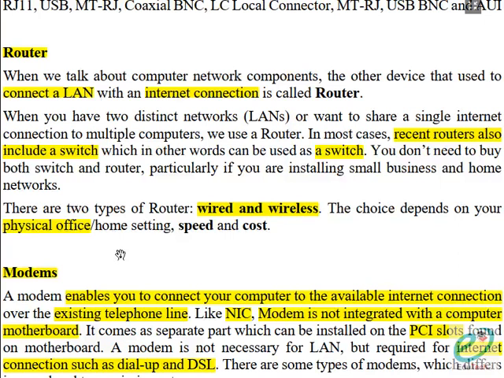Because sometimes you can choose a wired router, but the environment is not supporting connection by wire from the source up to where you are. Therefore, you might choose wireless for that particular environment. But if the environment is supporting connection by wire, then you can prefer a wired network.